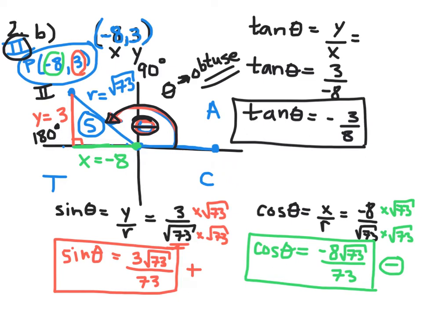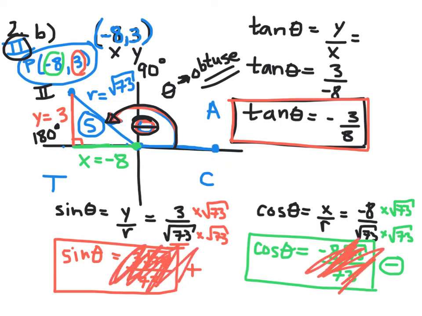In my opinion, I see tan theta as the easiest. It's just 3 over 8. It's not all these square root 73s and all that sort of stuff. I don't want to deal with that in my calculator, so I'm going to use tan theta equals -3 over 8 to figure out what theta is.